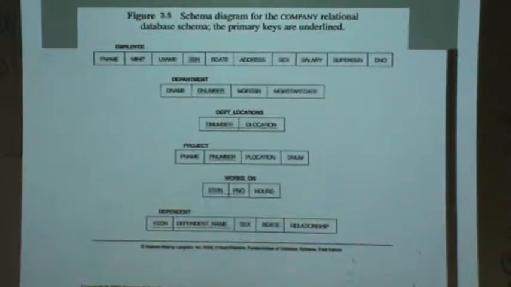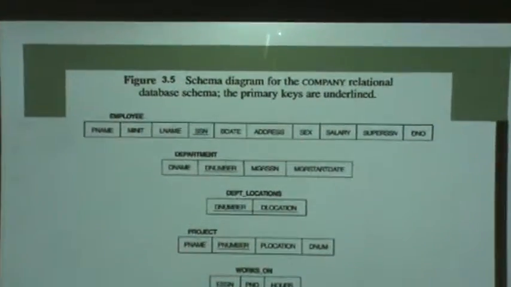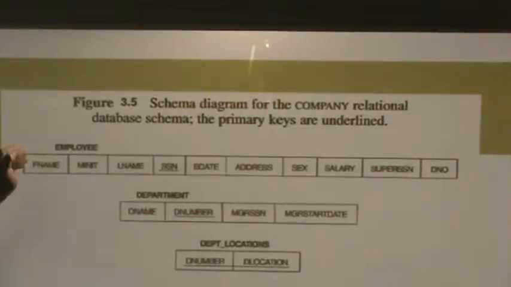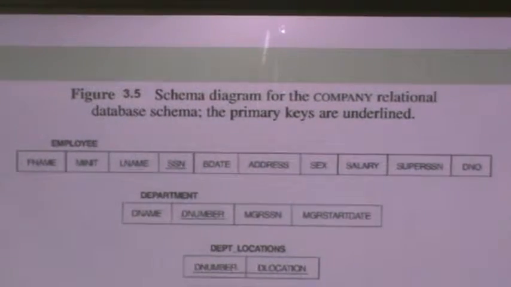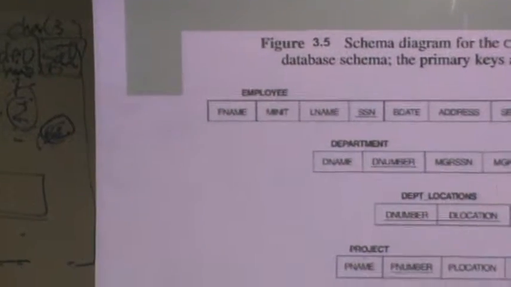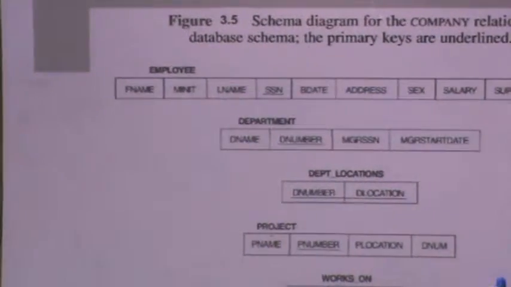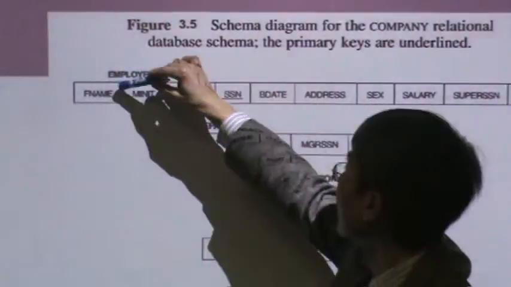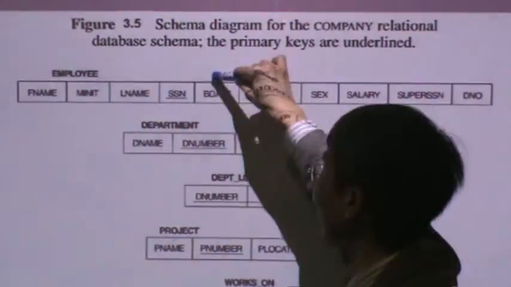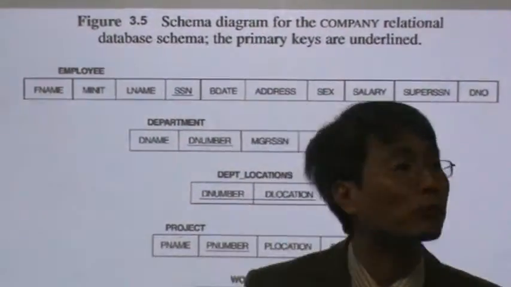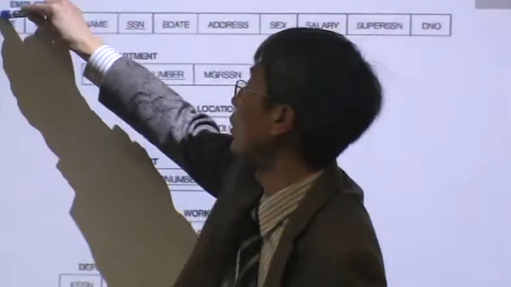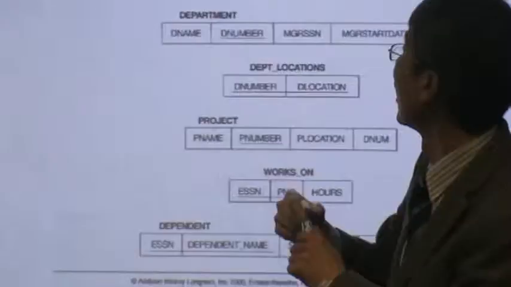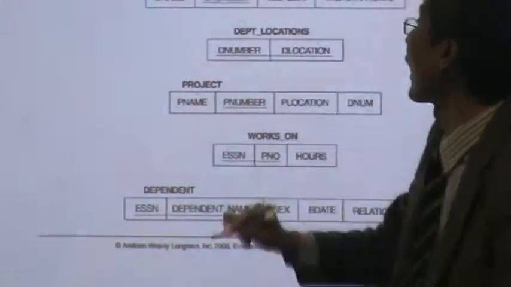Then finally, we can have such data. This is called relational, because it's based on the relational model. The database schema is a description. We can use a box to represent the table or relation, with attributes separated, and underline for the primary key.